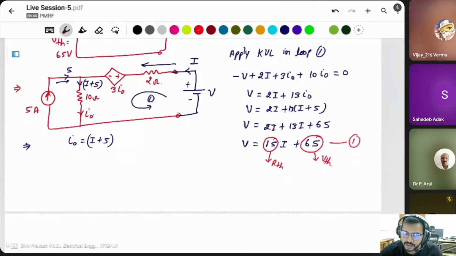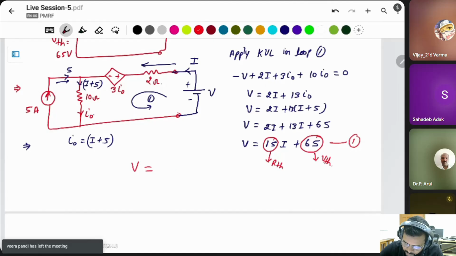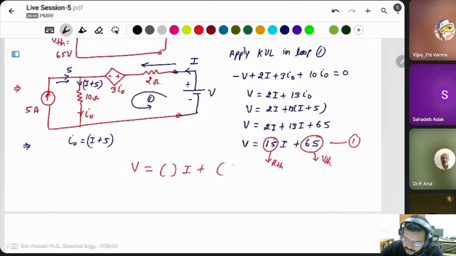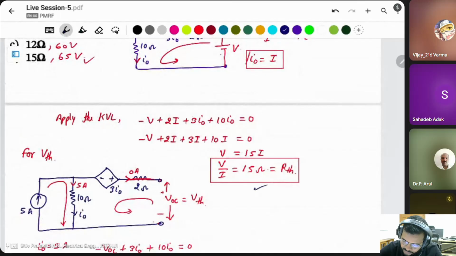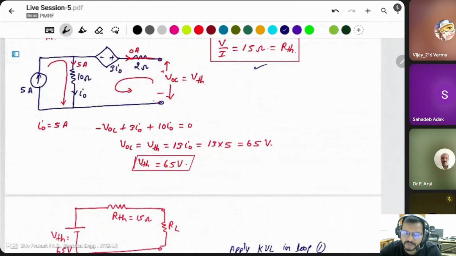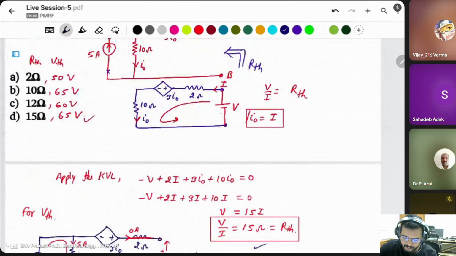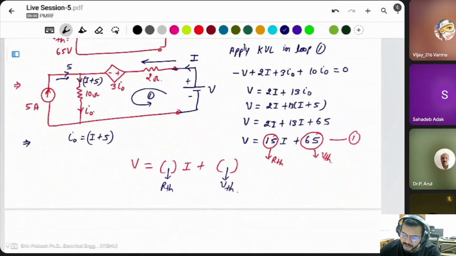In this equation RTH is 15 ohm and VTH is 65 volt. No need to find separate VTH and RTH. If there is a dependent source, then simply apply the VI method, and find V is equal to something times I plus something. The multiplier of I is RTH, and the remaining thing is VTH.